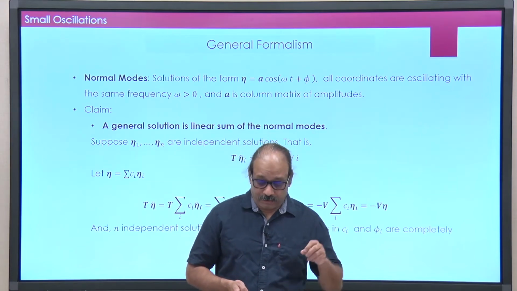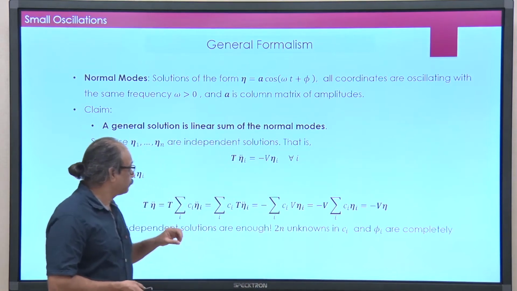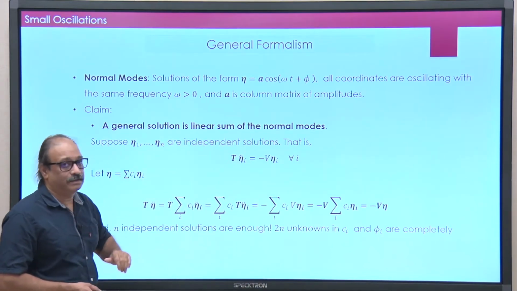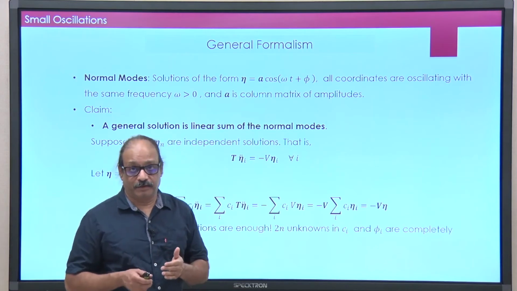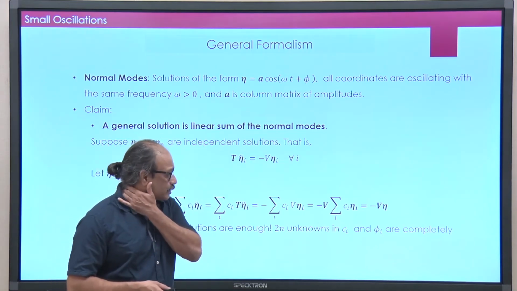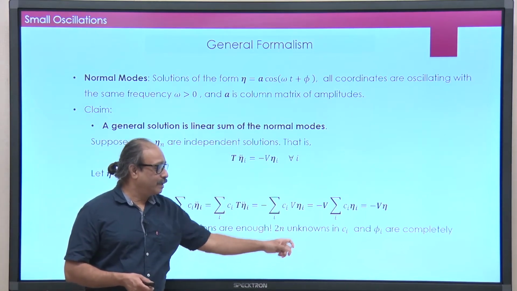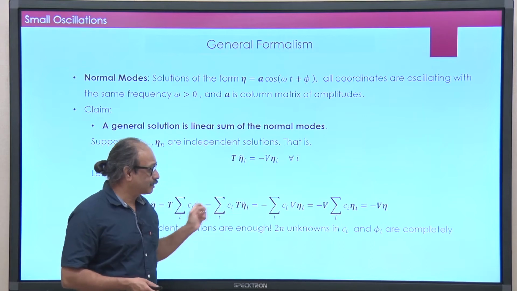Now, the question is whether these n independent solutions are enough to describe any general solution, and that can also be easily answered, because there will be 2n unknowns in this sum.